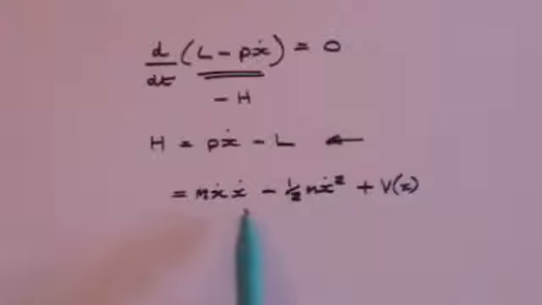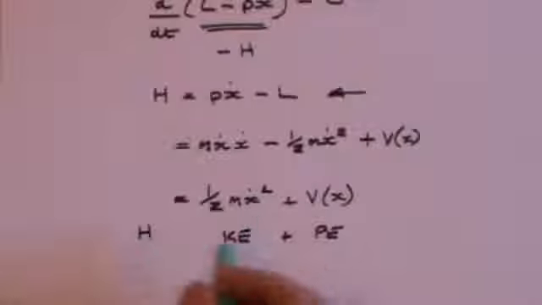So here we've got m x dot squared minus half m x dot squared. Well, that's a half m x dot squared, that's these two, plus V(x). But hang on a minute, this is kinetic energy, and this is potential energy, and we're adding the two together. So what we've shown is that the Hamiltonian is no more, no less than the total energy, kinetic energy plus potential energy. And again we've shown that that function is conserved.